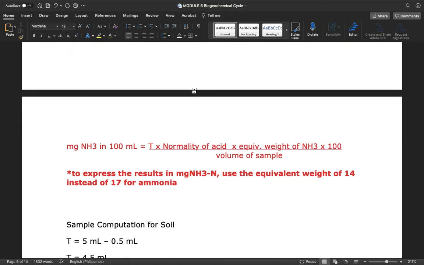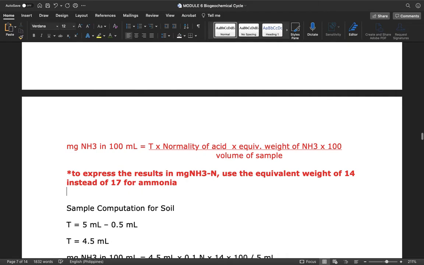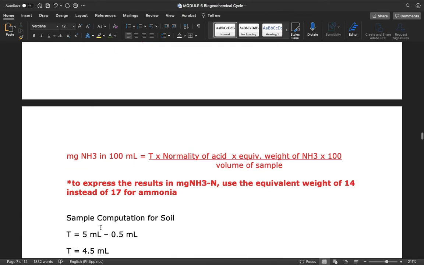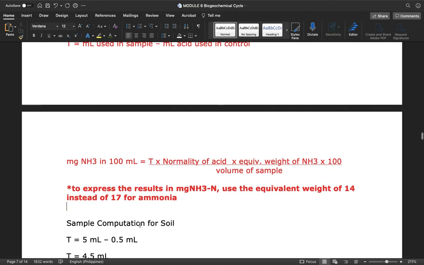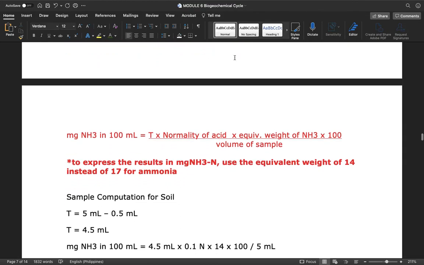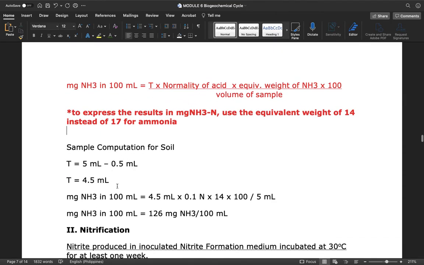But for the purposes of making sure that we have a number that is produced, let's say for example, you used 5 ml of your titrating agent in your sample, and then 0.5 ml for your control, our negative control. The value of T will be equivalent to 4.5.